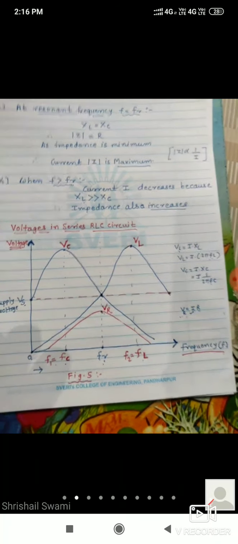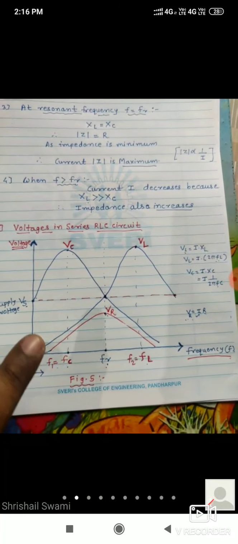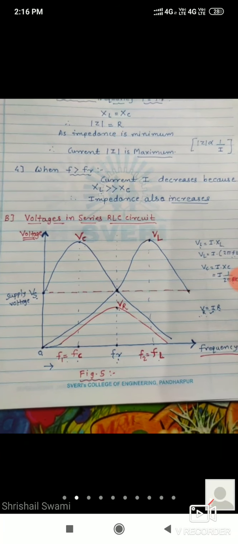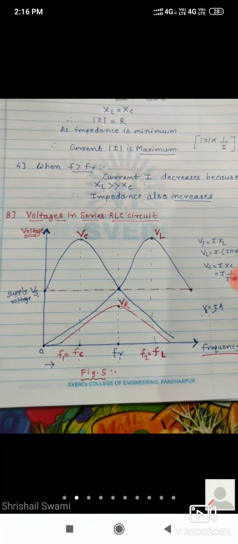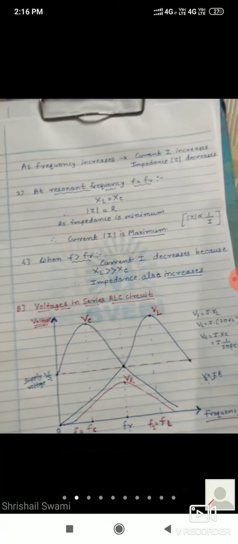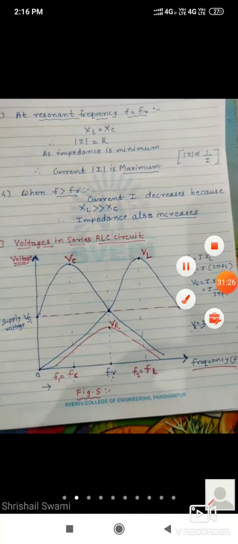So today we will complete the explanation of these points, and in the next lecture, we will start the derivation of Fc and Fl. Okay. So I will start the explanation of this point. Already explained all those points.